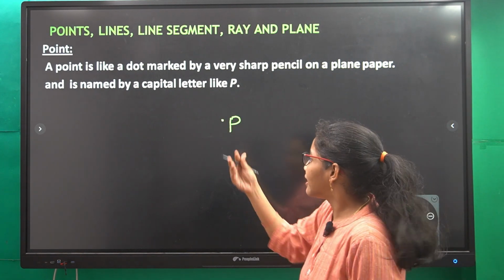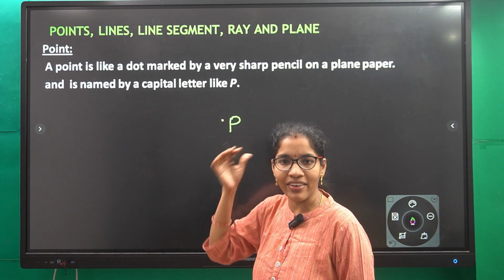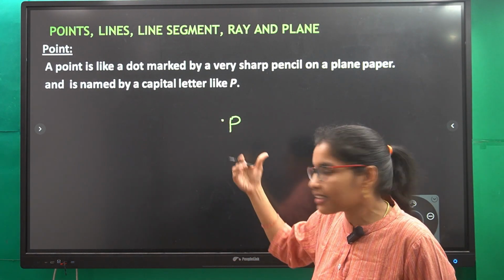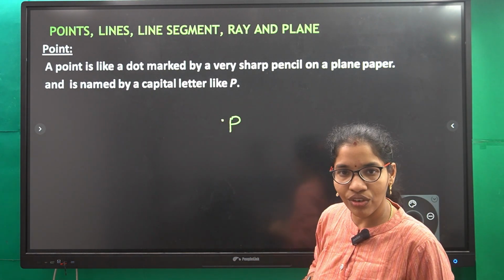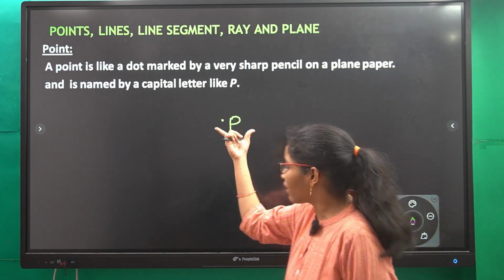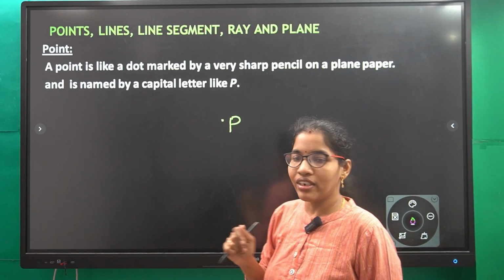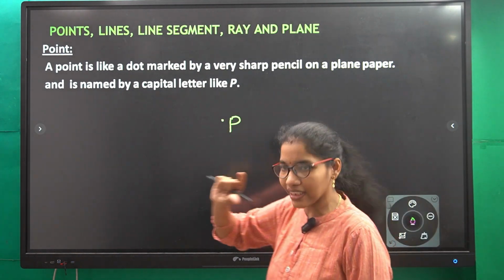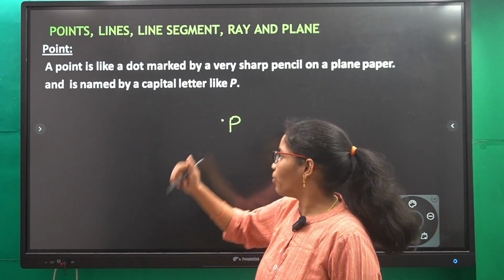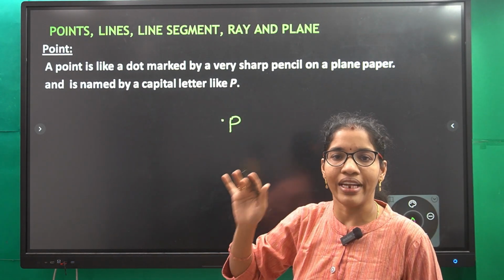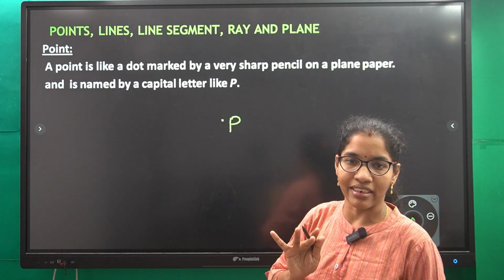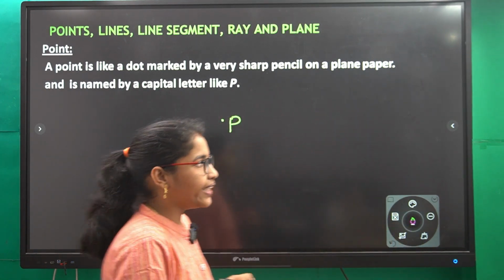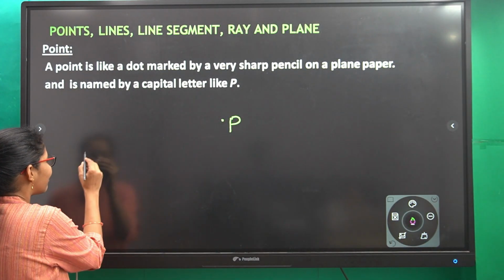Now tell me, does this point have any dimensions? Does it have any length? No. Can I calculate the length of this point? No. Does it have any breadth? No. Does it have any thickness? No. So the point doesn't have any length, breadth and thickness. So simply you can call it as dimensionless figure.